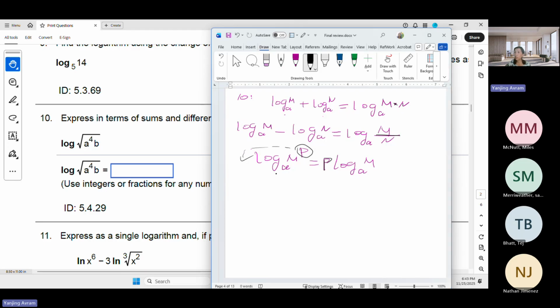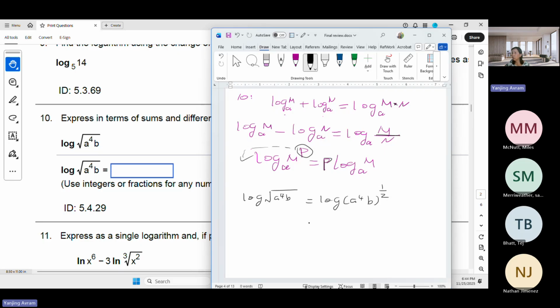So for number 10, you want to expand. This is log without a base, so that means log base 10, the common base. And this is the square root of a to the 4th times b. I can write this whole thing as a to the 4th b to the 1/2 power.